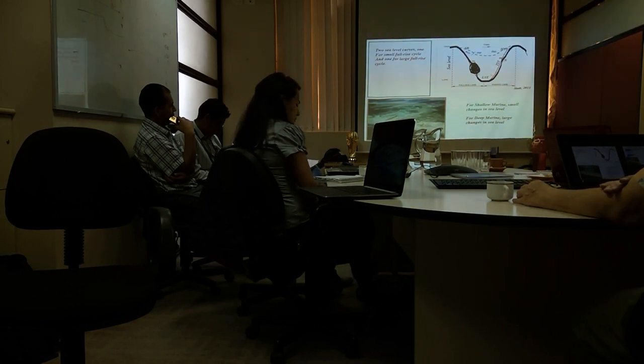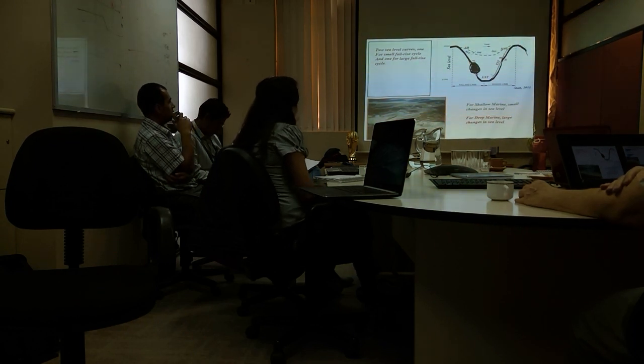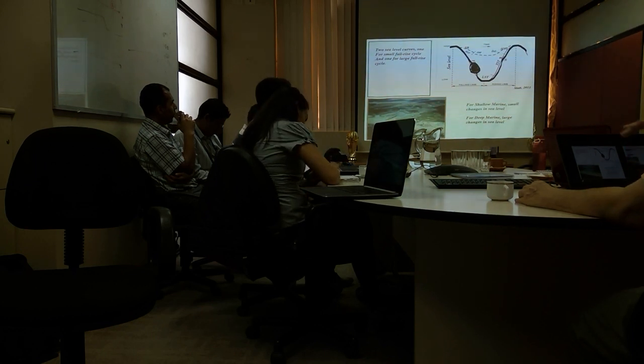But that assumes that you always get the same amount of fall and rise in sea level, which of course is not true. You'll get different degrees or levels of falling and rising sea level. And if you only have a small drop in sea level, you're not going to get a submarine fan out in deep water.